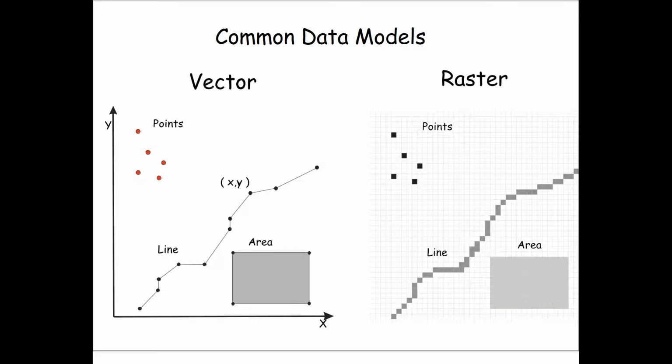So a line is no longer made up of a string of coordinates. A line is now made up of values that say, okay, this is part of the road, this is not part of the road. Part of the road, not part of the road. Points the same way. This is where it is, this is not where it is. And the area will be defined that way.